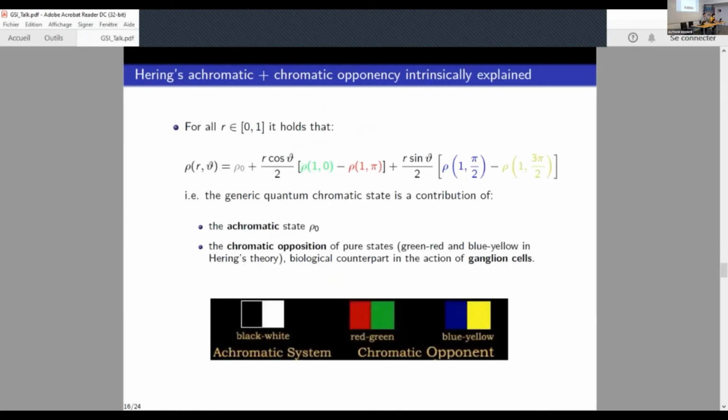Then there is also a very important thing, that is we can reparameterize density matrices written in polar form through this formula here, which is extremely important because, as I said before, this is considered as the achromatic state. These are two opponent states because they lie on antipodal points of Newton's disk, and this one too, and they are orthogonal to each other.